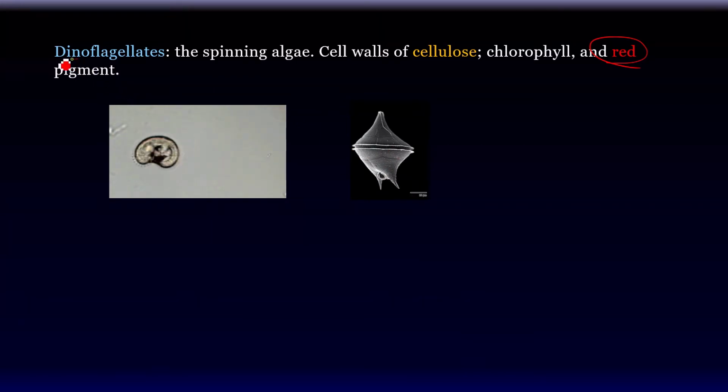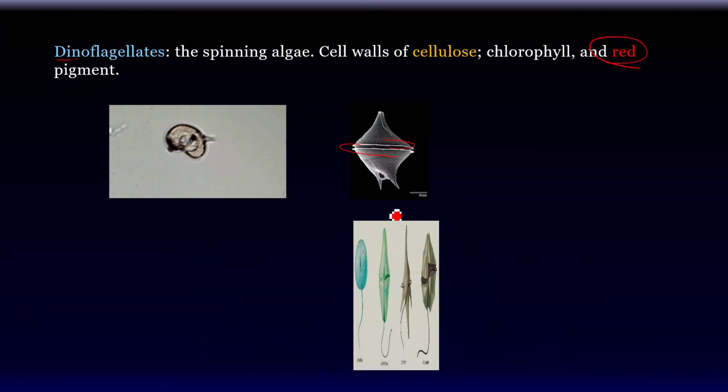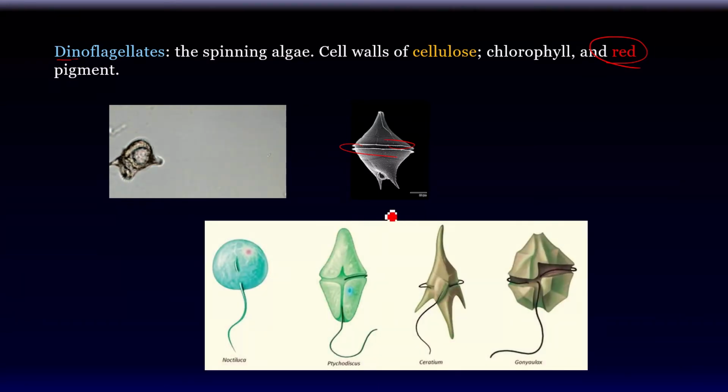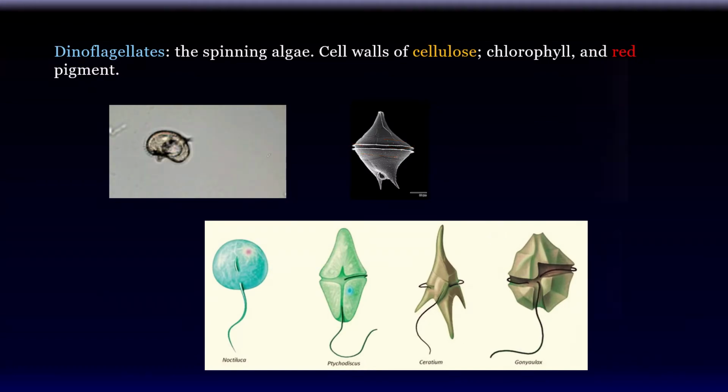That's why it's dino, like two flagella in the rim here, kind of like this. And they spin. That's how they move to capture nutrients around. Here they are. They come in various different shapes, and all are pretty much very small.